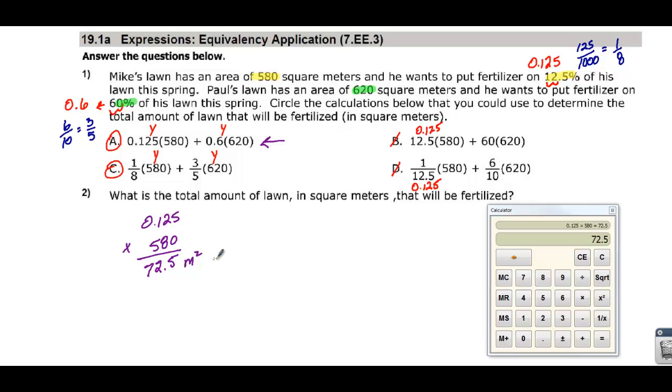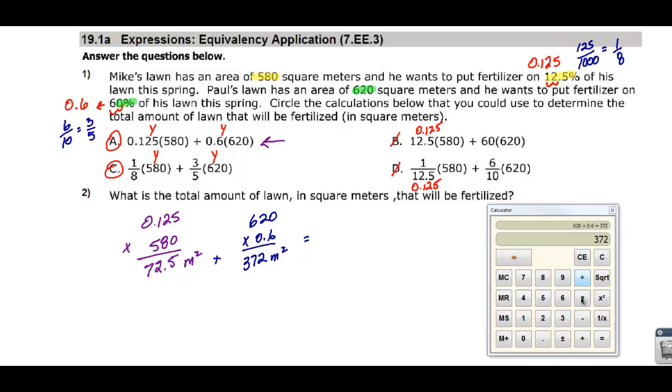plus 620 times 0.6. It doesn't matter which order we put those in, so don't get hung up on the fact that I put the decimal on top on the first one and on the bottom on the second one. So 620 times 0.6, that equals 372 meters squared.